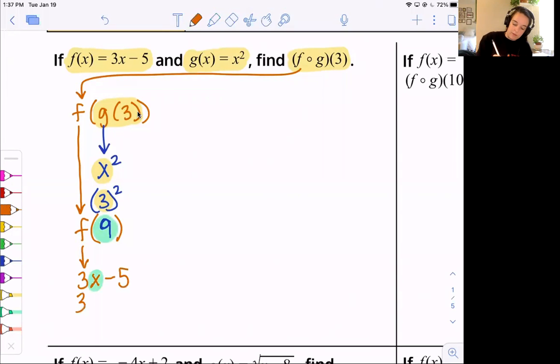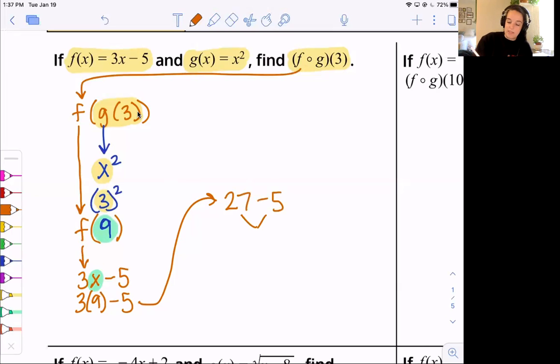So I would have 3 times 9 minus 5. 3 times 9 would be 27, and then the minus 5. 27 minus 5 would be 22. So my correct answer for this problem would be 22. Absolutely, Anthony. Thanks for helping me out in the chat.